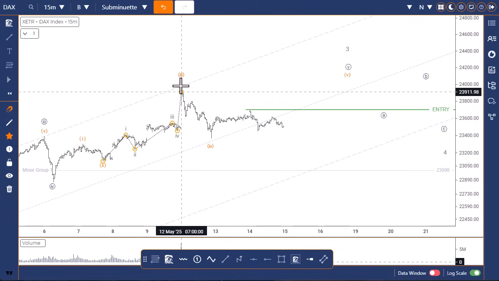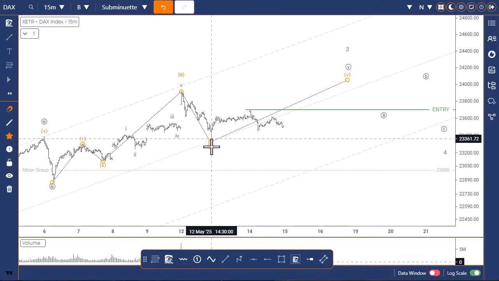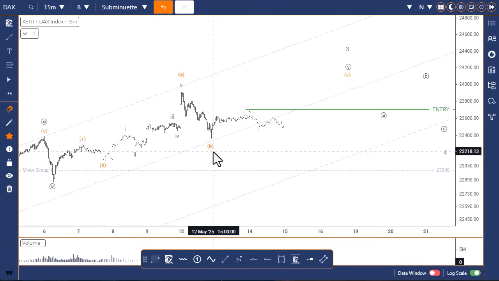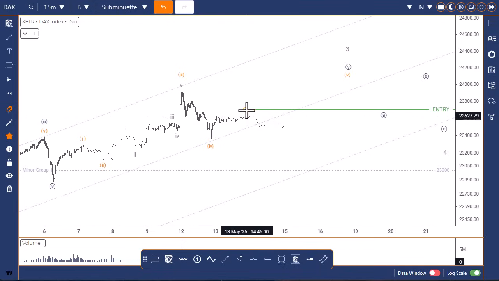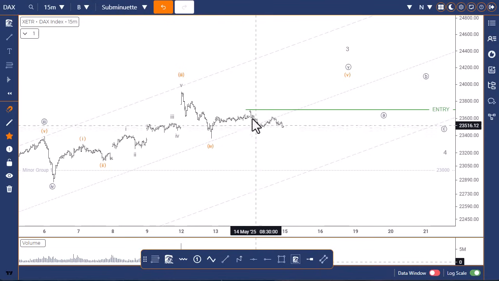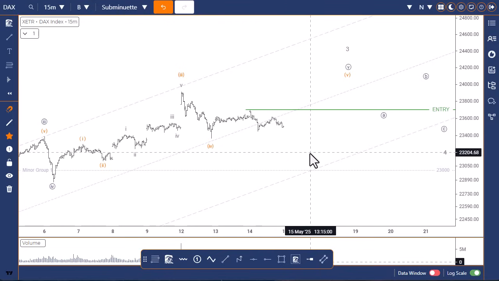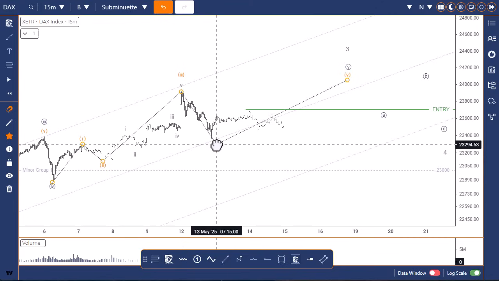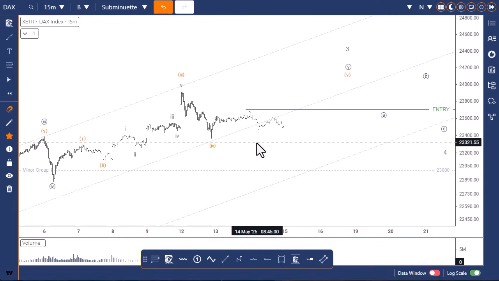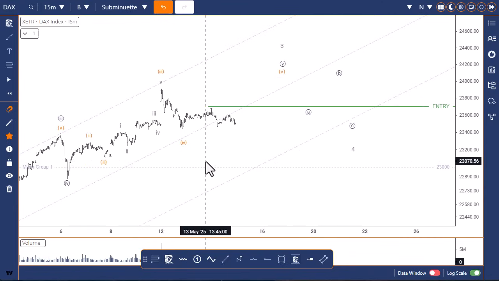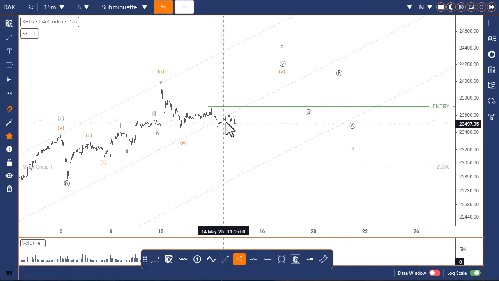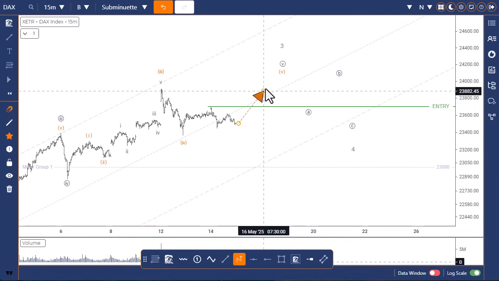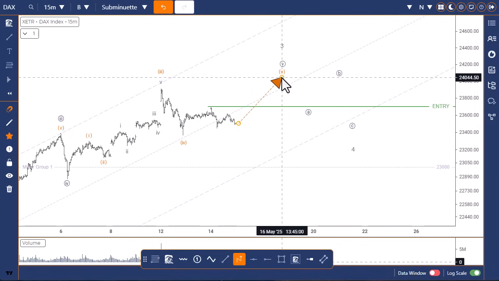Looking at this, it's not the best looking 5 waves down here because it's got overlap on all of that, but it does make a reasonable B wave over here, and it doesn't make a nice 5 waves down here for wave 1, 2, 3, 4, 5. We'll look at that on the futures. So it's a little bit tricky here, but the takeaway is just looking at the count in terms of this market pushing up as 1 and 2 here, and then 1 and 2 and pushing up into this space here.